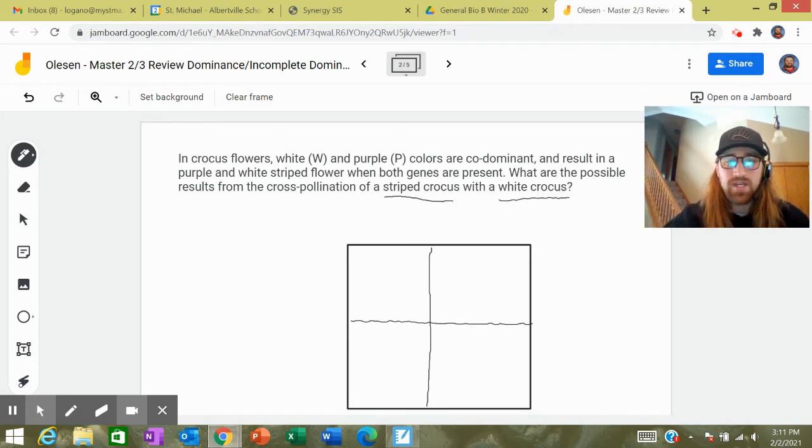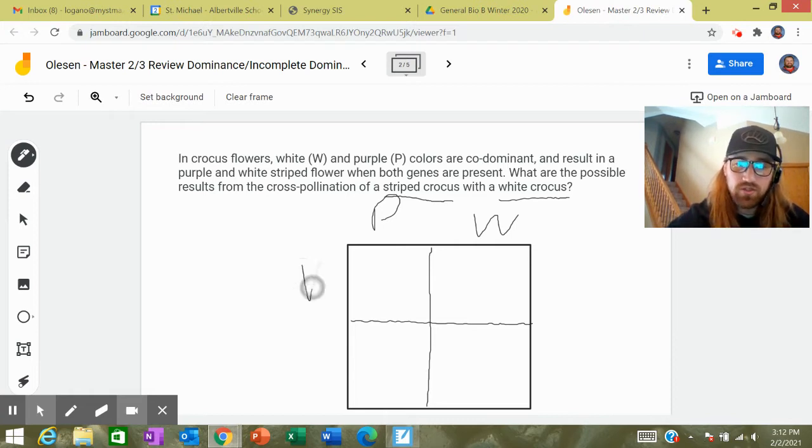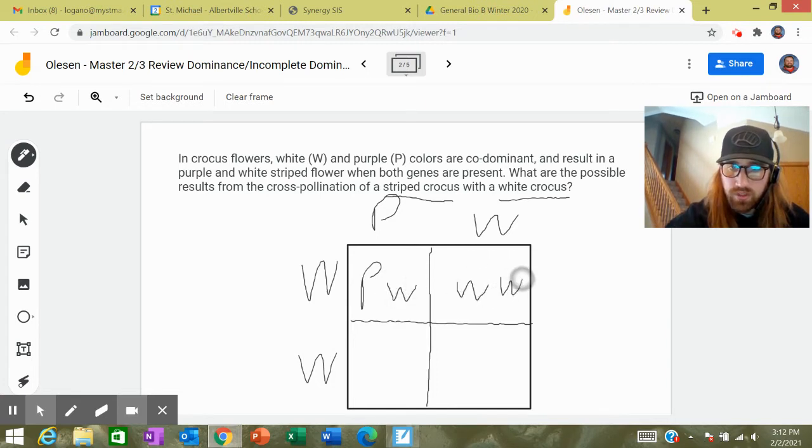That gives us our genotypes. We know that it's going to be striped. This means it has to be heterozygous. So we're going to have a P. We're going to have a W. And we know that if it's white, it has to be homozygous for this trait. So it's going to be PW and WW. Run your Punnett square. PW, WW, PW, and WW.